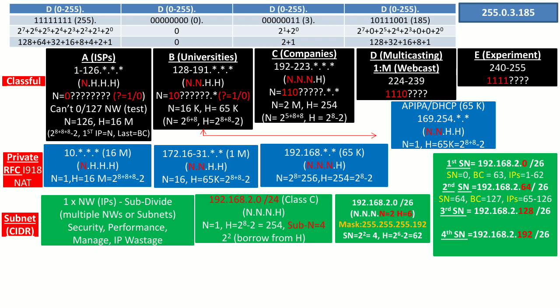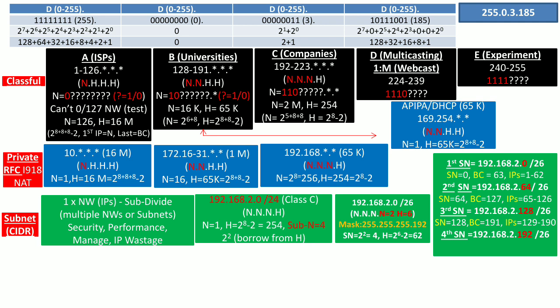The IPs which can be assigned to the endpoints would range from 65 to 126. Likewise, the third subnet would start from 128, that would be its subnet address, and its broadcast address would be the last IP, that is 191, and the IPs which can be assigned to endpoints in that subnet would range from 129 to 190.